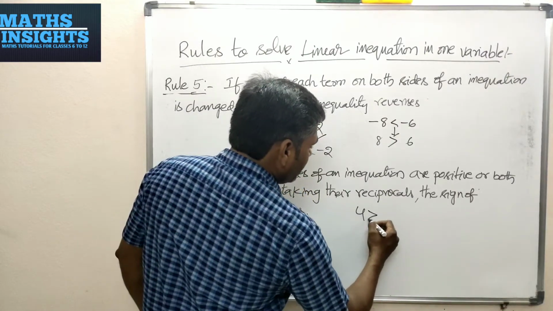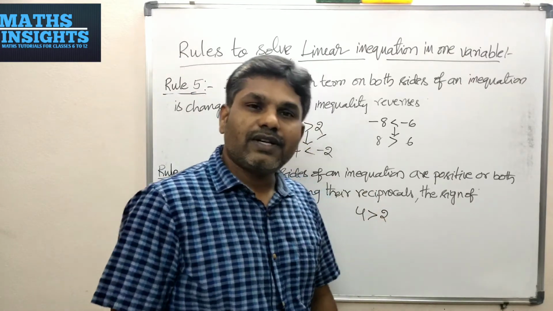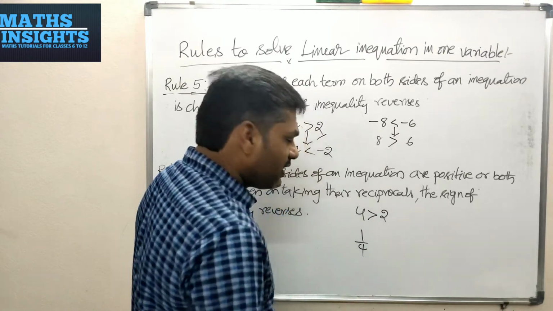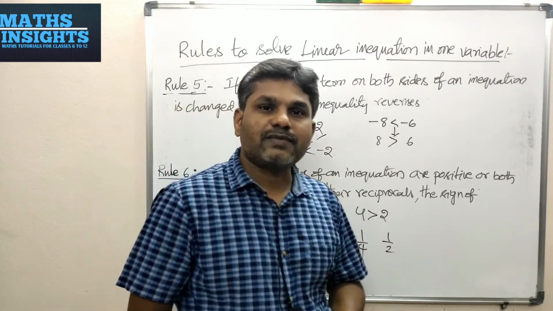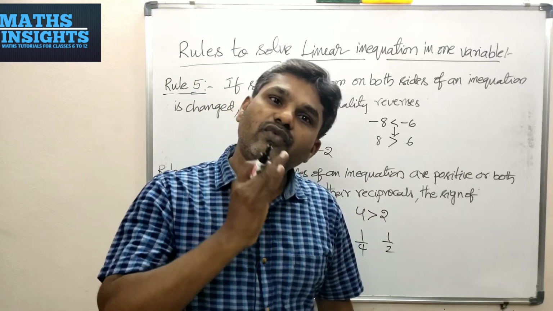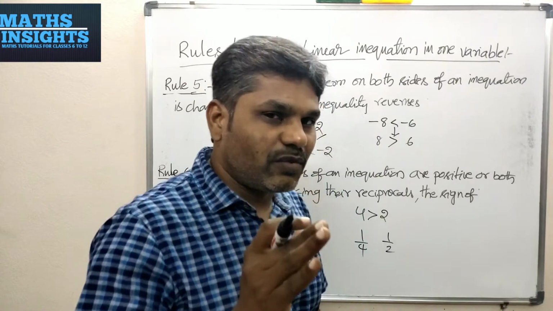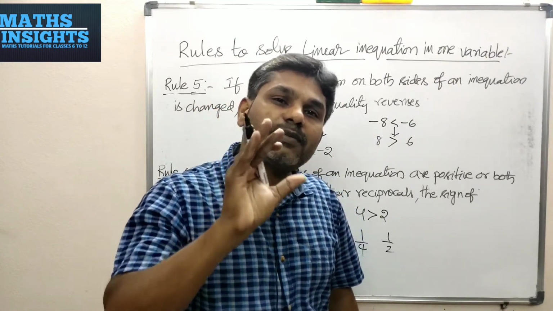See, 4 is greater than 2. 4 is a bigger number when compared to positive 2. I am taking the reciprocal of 4 and the reciprocal of 2 also. 1 by 4 is less, because you are making 1 into 4 equal parts. Here you are making 1 into two equal parts. If you make two equal parts, then you will get a bigger part.